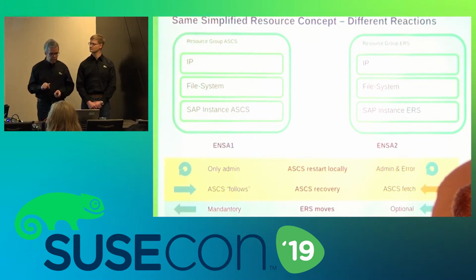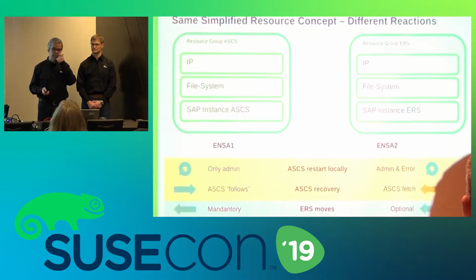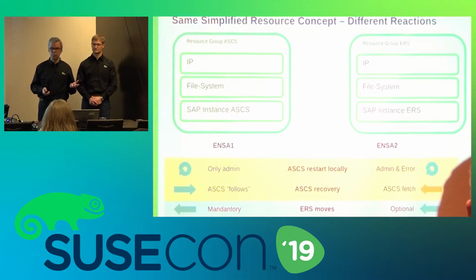So formerly with ENSA 1, the cluster must guarantee, and this looks maybe a bit strange, that it restarts the ASCS on the same node for admin tasks only. So if the admin stops the ASCS and starts it again, it comes up on the same system, and you would say, now my logs are gone.